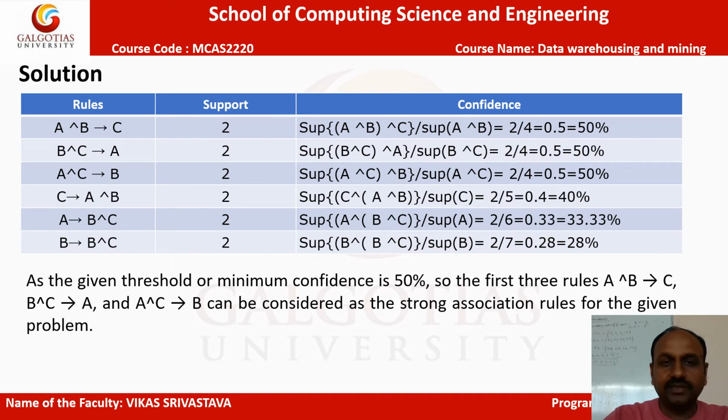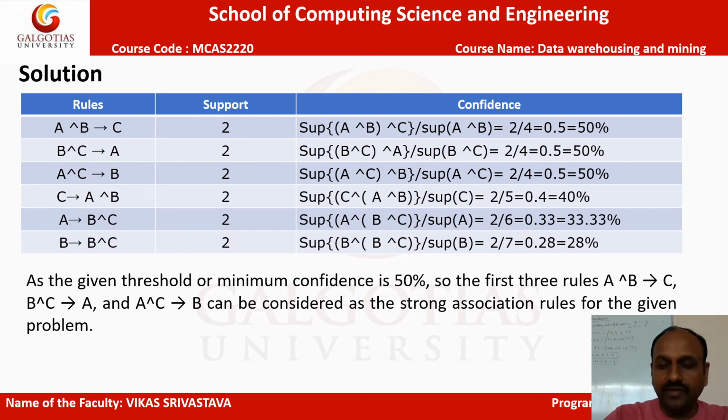We will create the rules for ABC. What can be the rules? Whether AB tends to C, or BC tends to A, and AC tends to B. Okay, the support level is 2 for all. Then for identifying the confidence, you will use the formula: the support of ABC divided by the support of occurrence of the AB value.